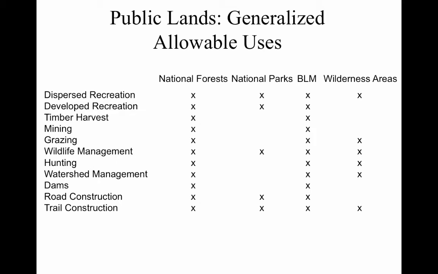So there are different degrees of how closely the federal government will keep an eye on different activities. The wilderness areas are primarily there to protect the animals, and that's why certain activities are excluded from there, but not on National Forests or Bureau of Land Management land.